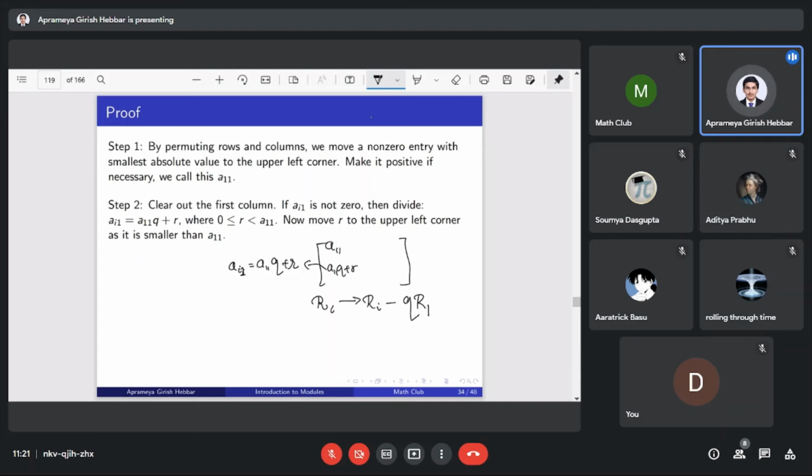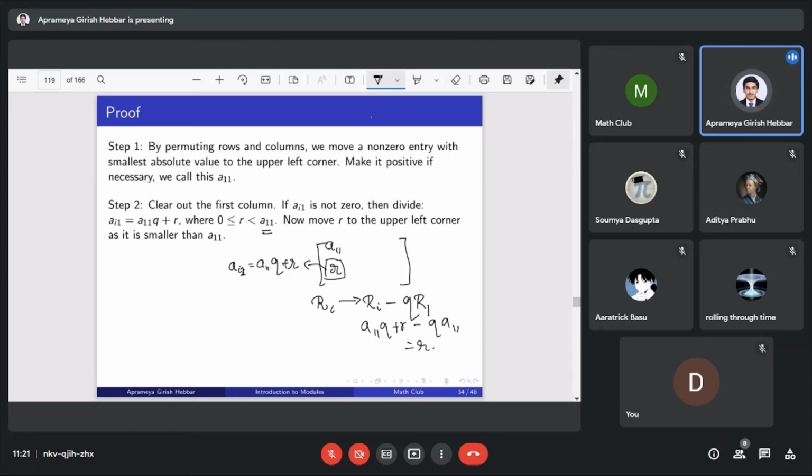Then this element over here, ai1, will turn directly into r, because you had a11 q plus r minus q times a11, so you get r. Now this r, by the Euclid division lemma, will be less than a11.